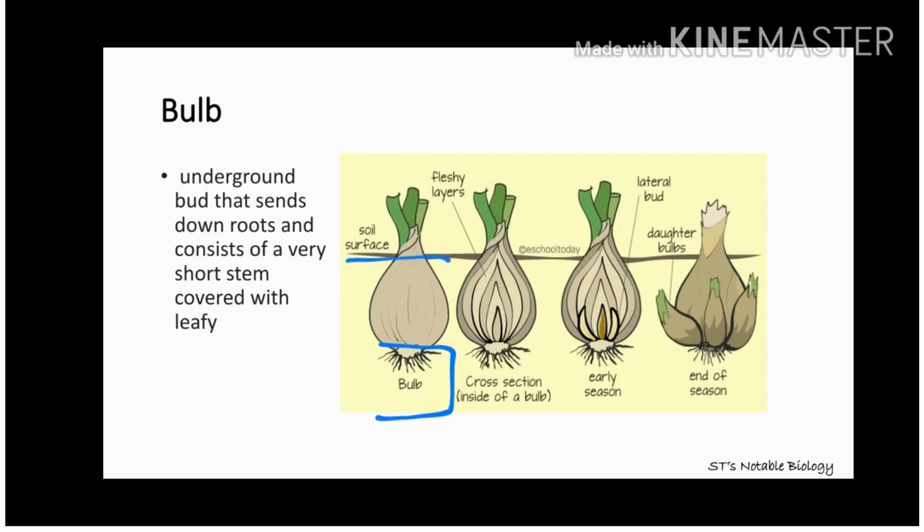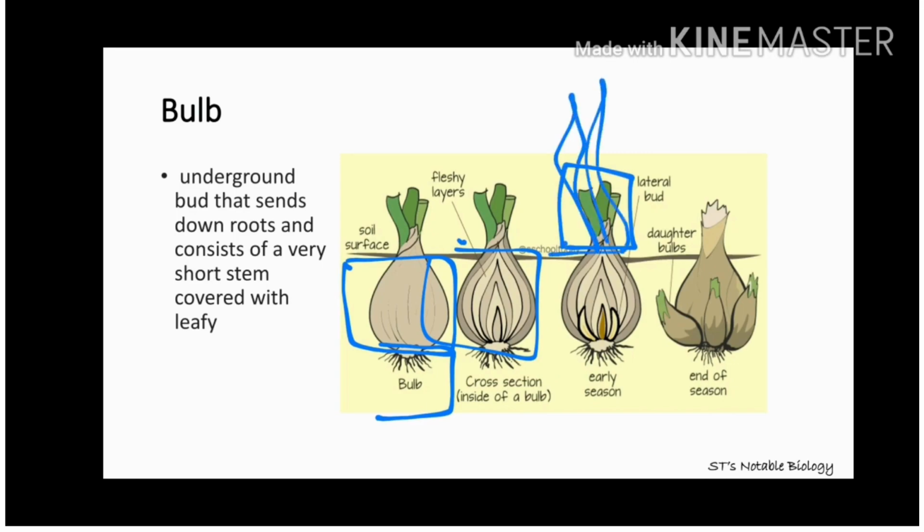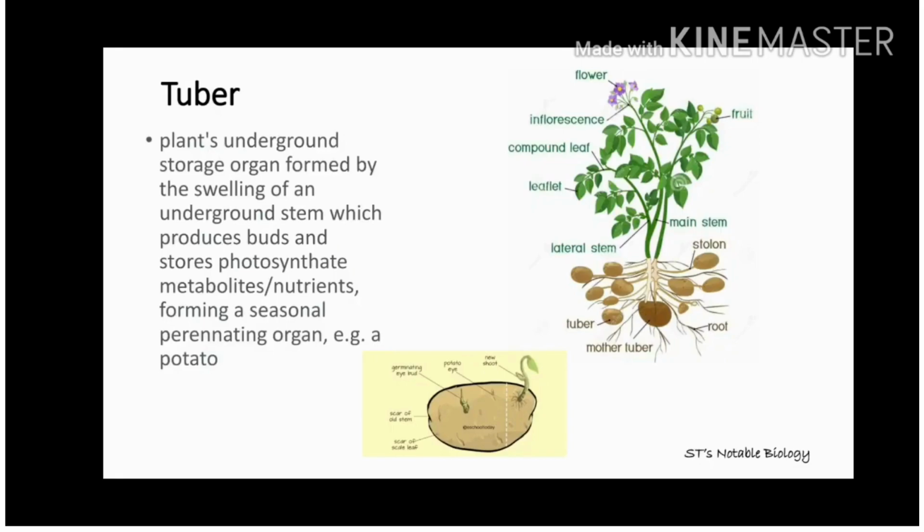These fleshy scaly leaves which are eaten grow above the soil, and aerial axillary buds produce new plants. These aerial axillary buds produce what? New plants. And this part of the onion is edible. Next one is tuber.